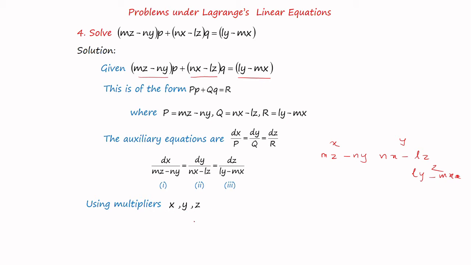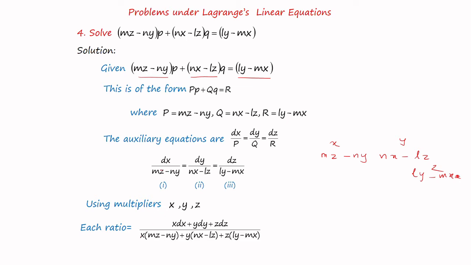This is the way you identify the multipliers. Using multipliers x, y and z, you have each ratio. This wording is very important, so without using anything, you don't write each ratio; we are equating it to a new ratio.